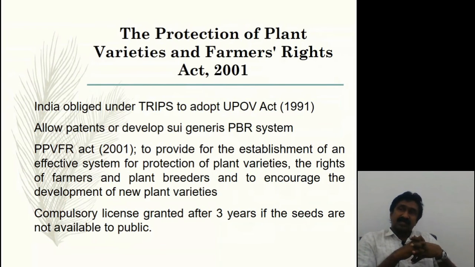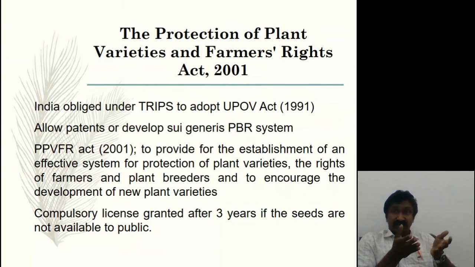Then compulsory licenses are granted after 3 years if the seeds are not available to the public. So if I develop a new variety, according to this act, I have to make it available to the public, so that it can be made available to the farmers for cultivation.